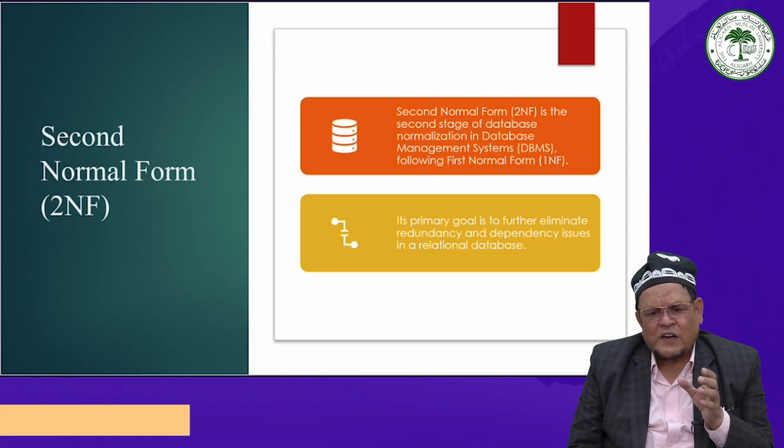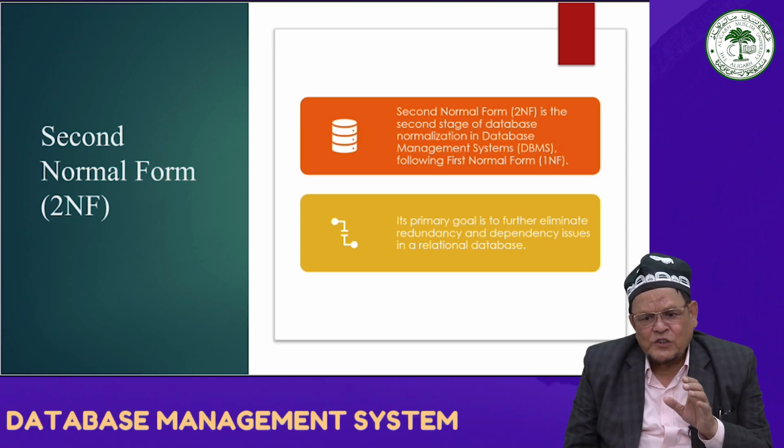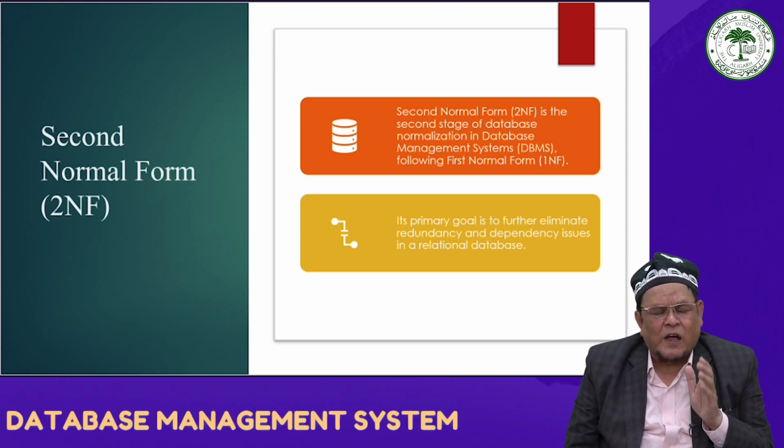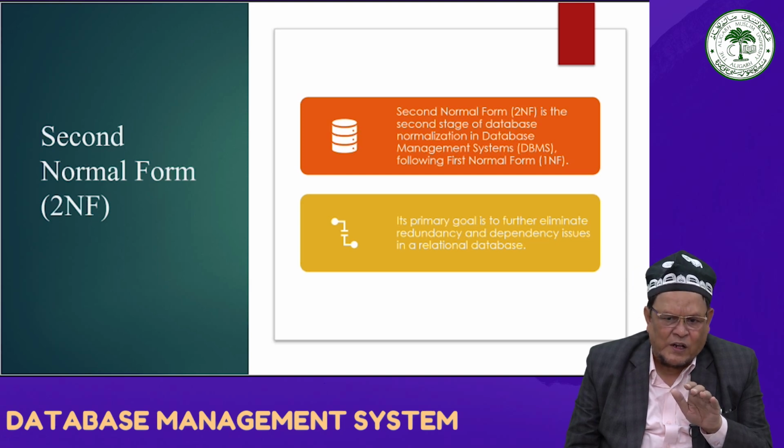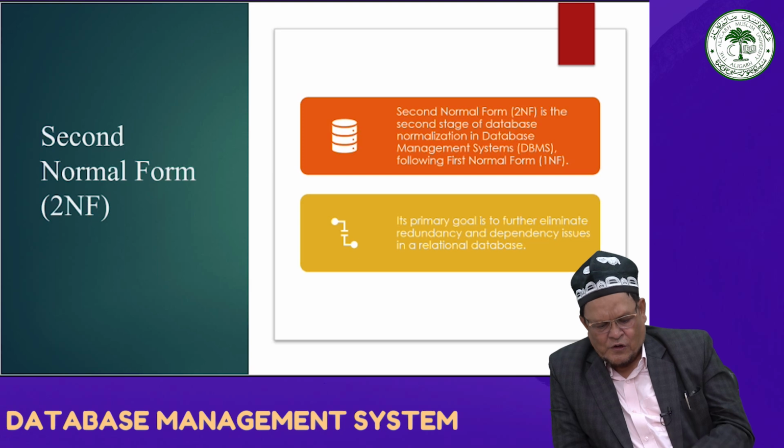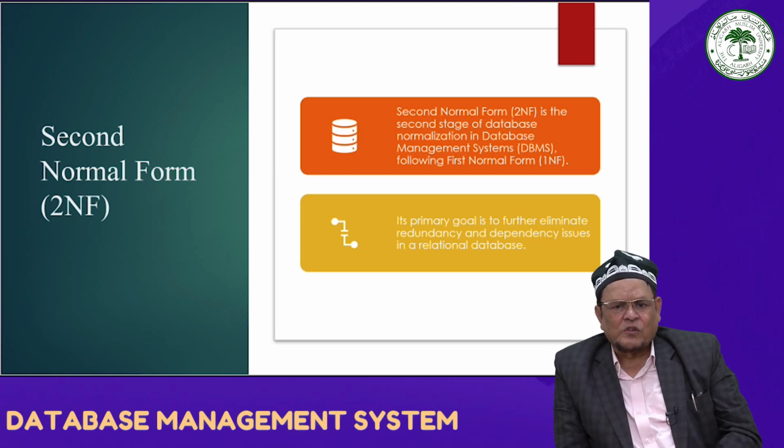Overall, achieving the second normal form helps ensure that the data is organized efficiently and accurately, laying the groundwork for a higher level of normalization and enhancing the overall quality and performance of the database. So we have to decompose the relation.